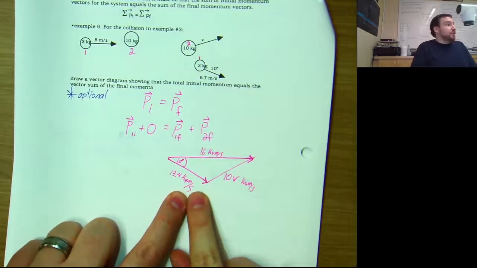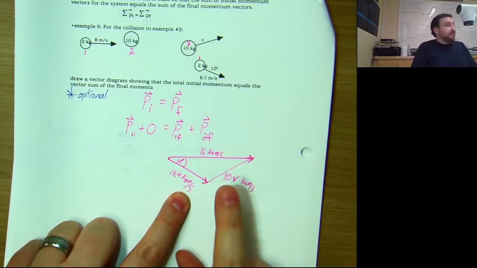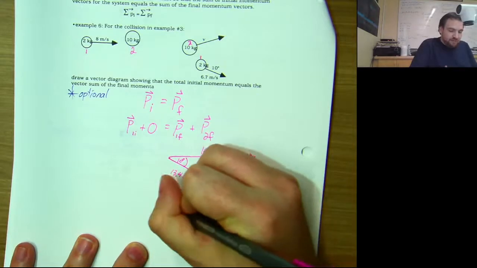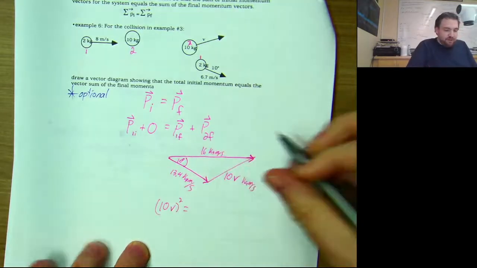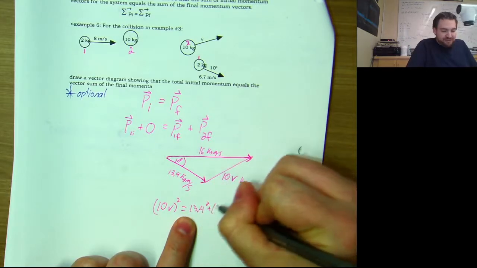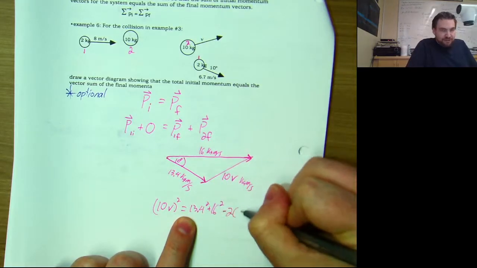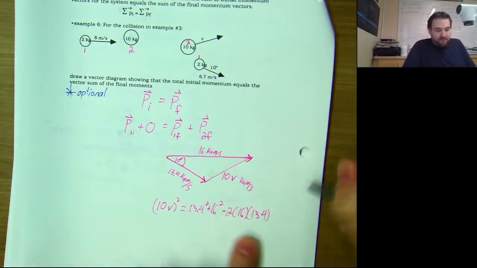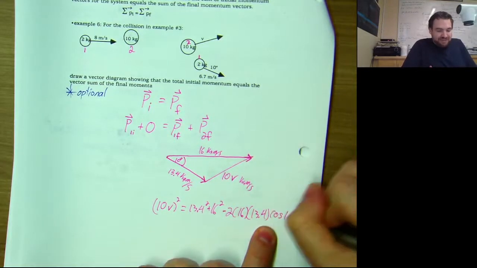So now I can just use cosine law to figure this out. So I got 10V all squared is going to equal 13.4 squared plus 16 squared minus 2 times 16 times 13.4 cos 10.